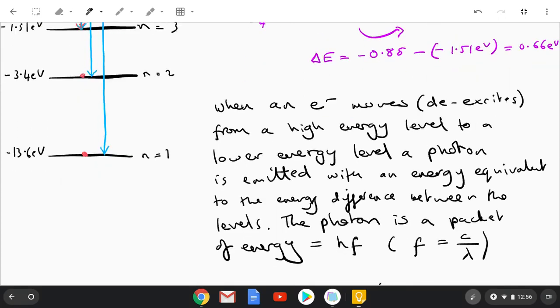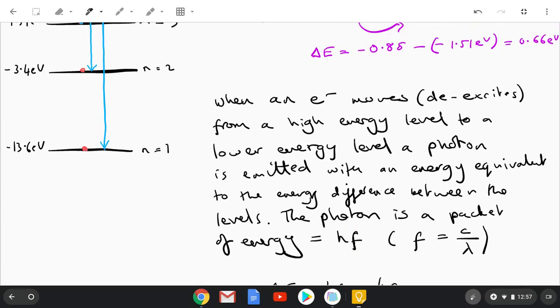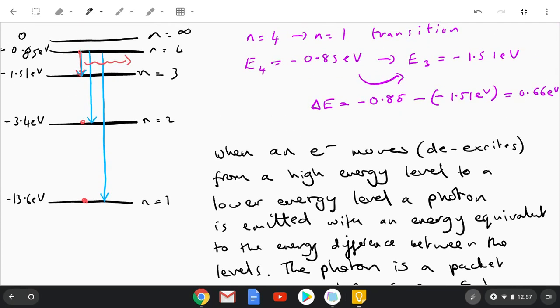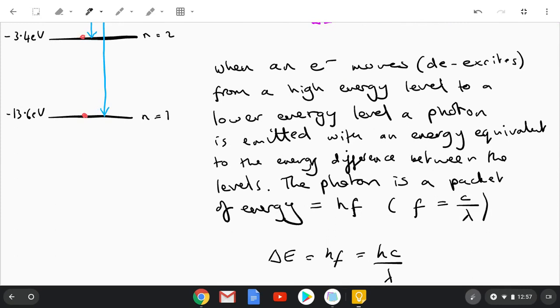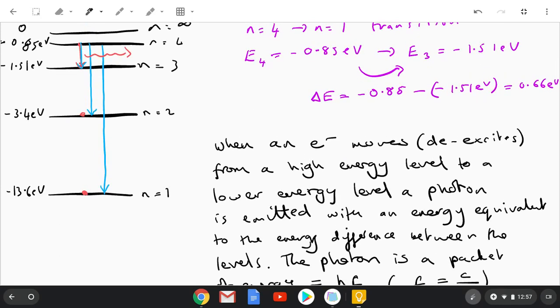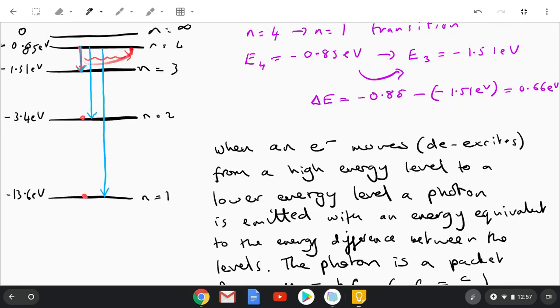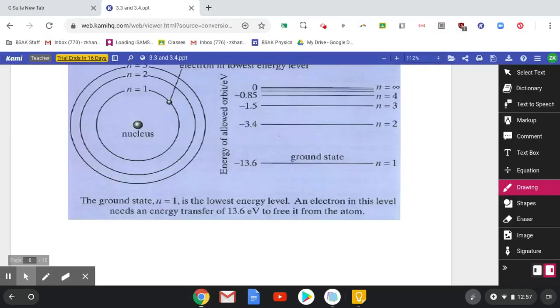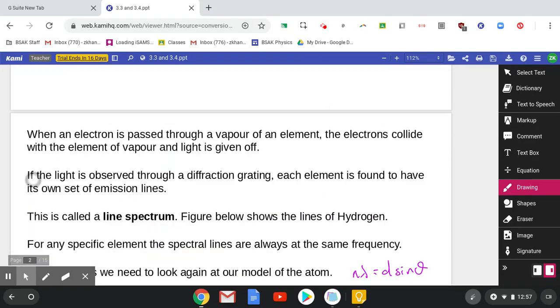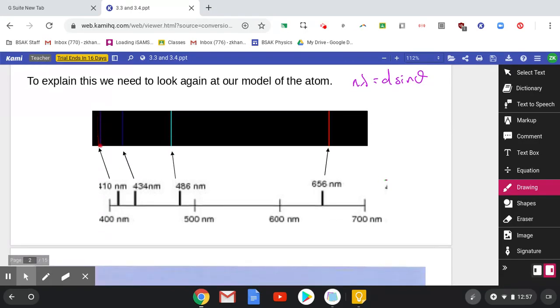That means this photon will have the same frequency every time, and the same wavelength every time. Now this photon, this wavelength, shows up as a line on the emission or line spectra.